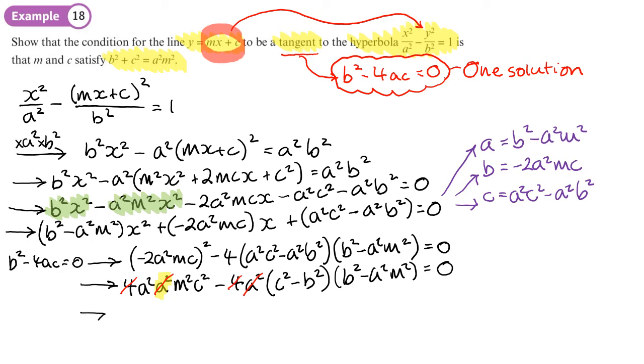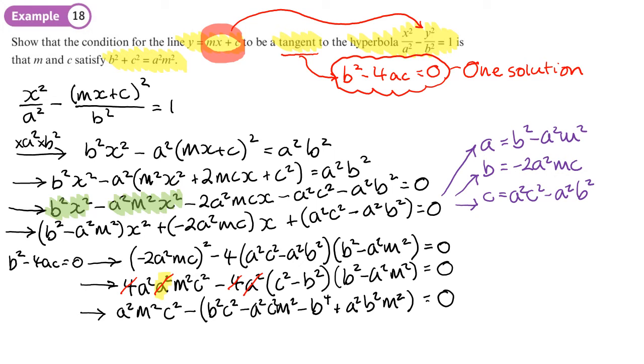That leaves me with a squared m squared c squared minus, and now I'm going to expand the brackets as well, b squared c squared minus a squared c squared m squared, then minus b to the power 4, then plus a squared b squared m squared equals 0.